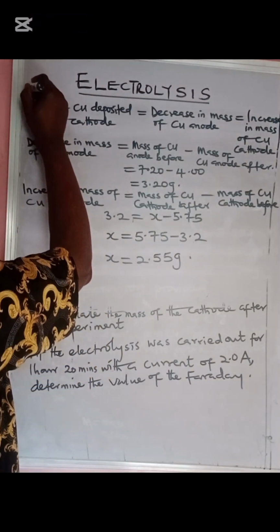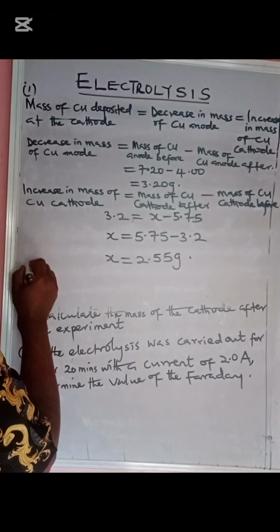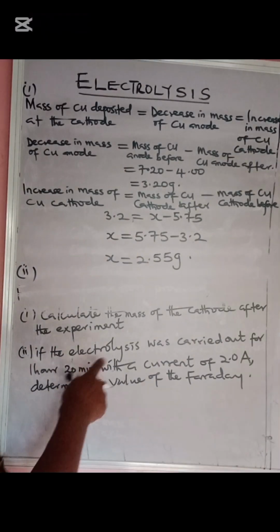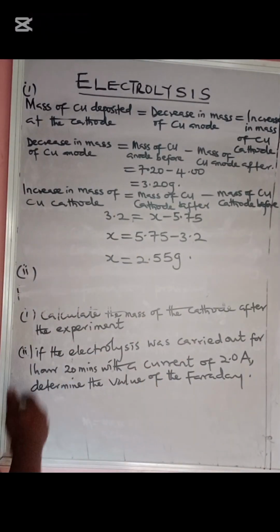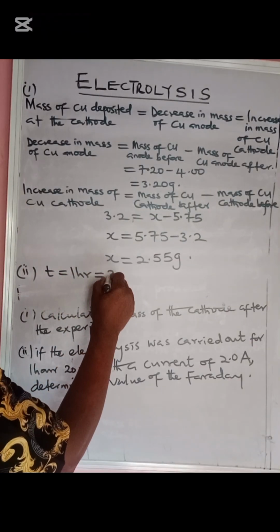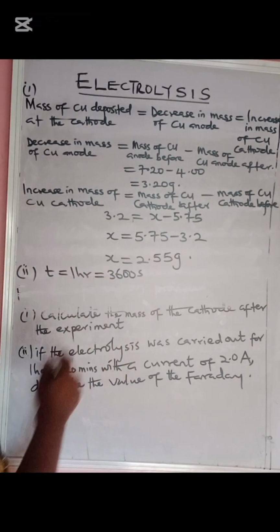That is Roman figure 1. Roman figure 2: if the electrolysis was carried out for 1 hour, time is equal to 1 hour, that is 3,600 seconds.